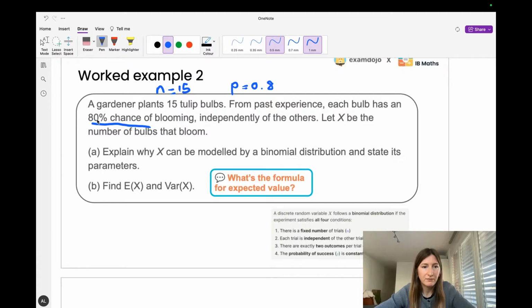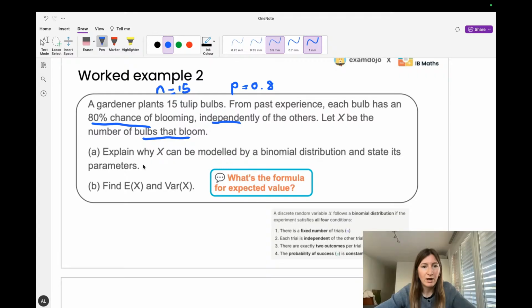It will still work if you write 80%. Just don't forget, obviously, to write percent when you're putting it on your calculator. Independently, great. So we know so far that it's a binomial distribution. Let X be the number of bulbs that bloom. Okay, so success for us is a bulb blooming, and failure would be not blooming.